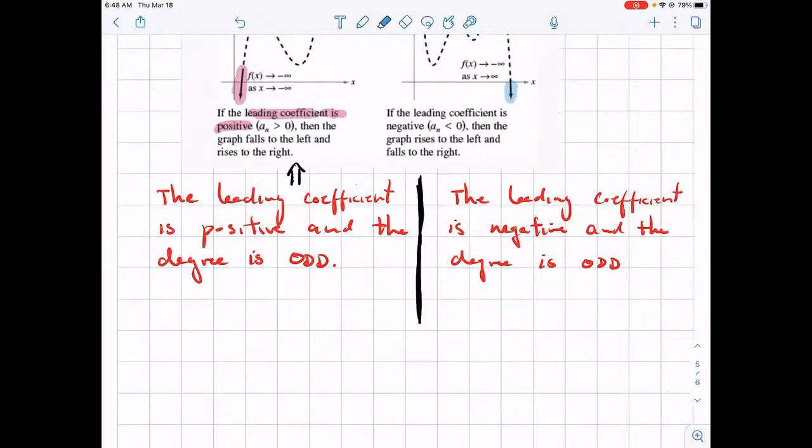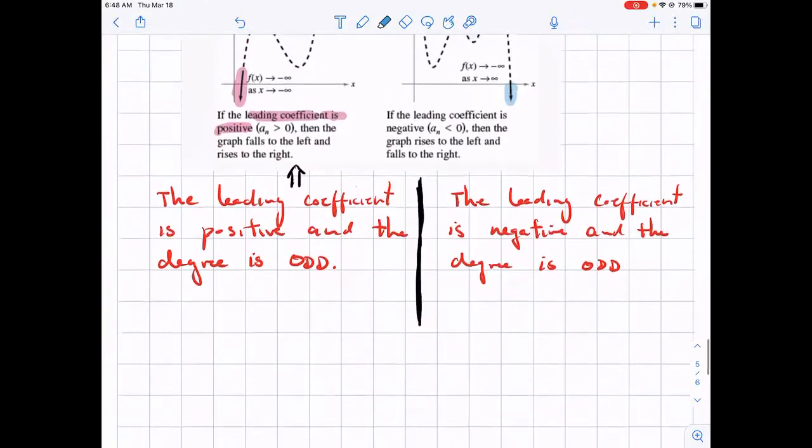So the leading coefficient really helps to visualize what's happening. Now, there's a mathematical way of writing it, which you should be aware of.